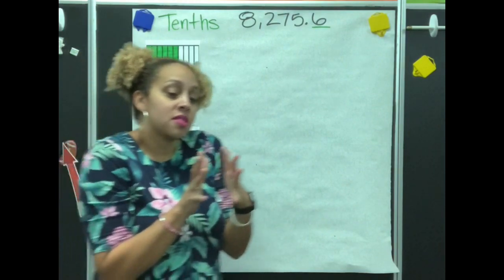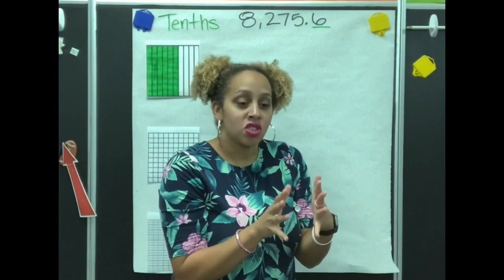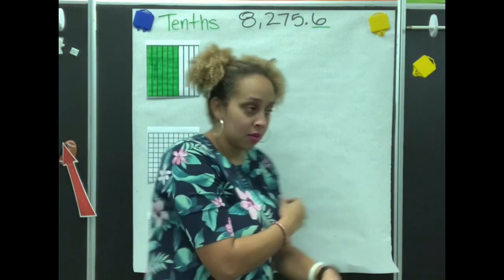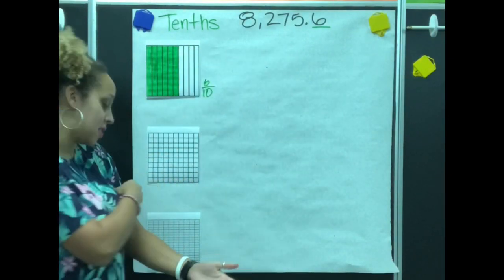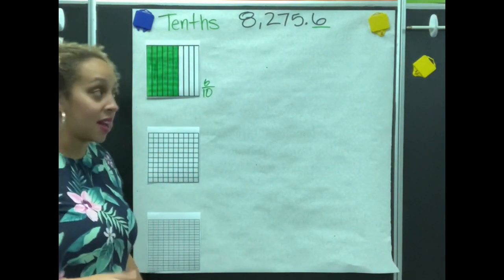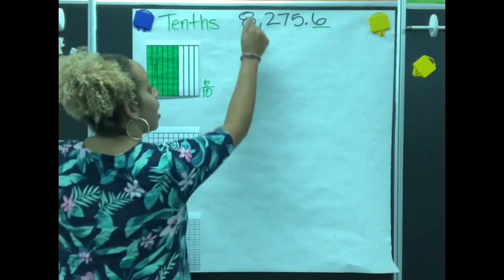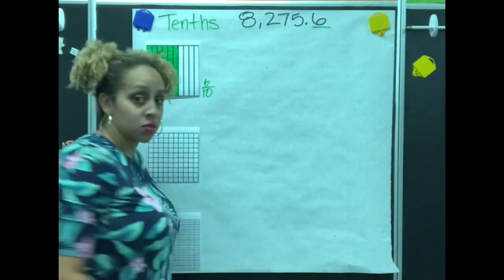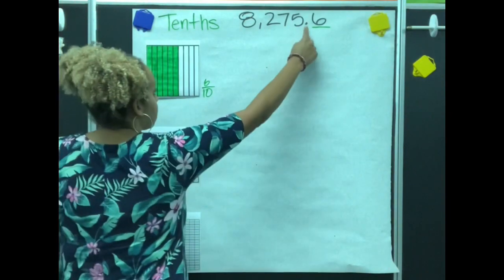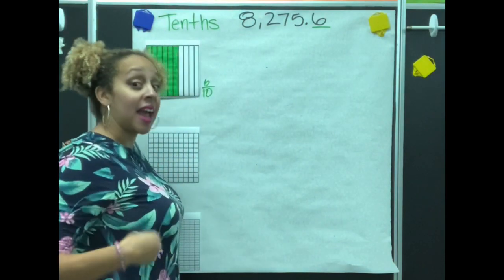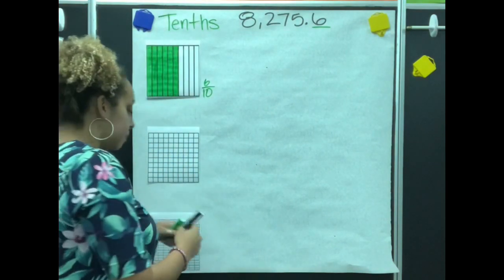Remember, everything after the decimal, wherever our last digit is, that's what we name it. Okay? So it's in the tenths place, we're going to say tenths. We're going to write it exactly how we said it. And wherever there's a comma, it goes in our number as well. Wherever there's a decimal, there can only be one, we say and.